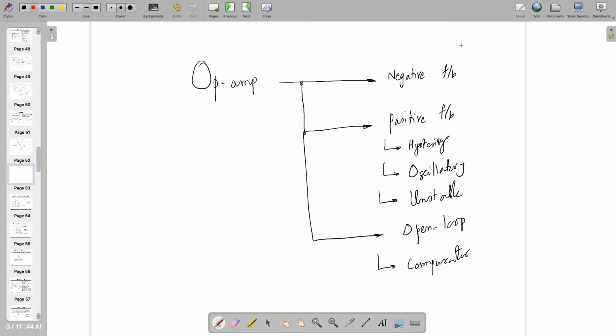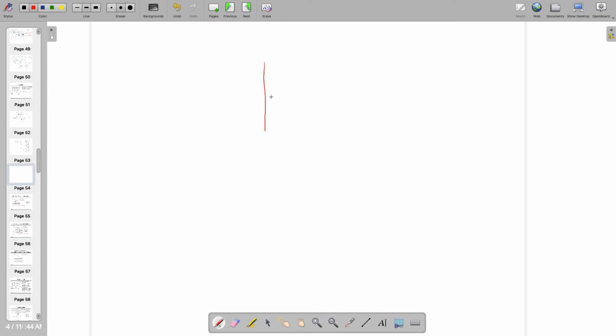So here in this study we are only studying negative feedback, right? If you are keeping your op-amp in negative feedback, what is going to happen? There might be many theories. One says that this is V in, this is R1, this is RF.